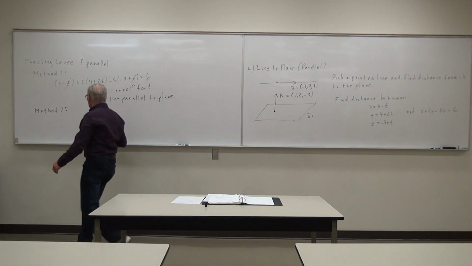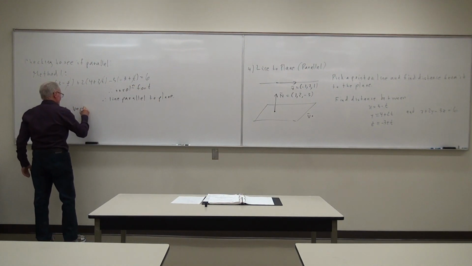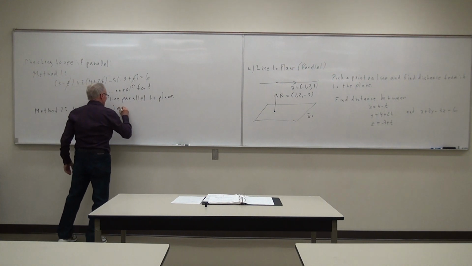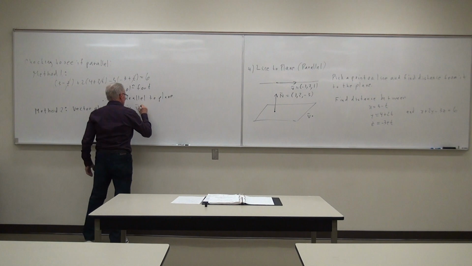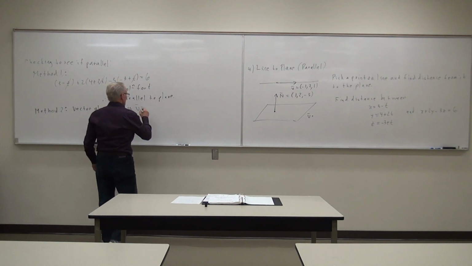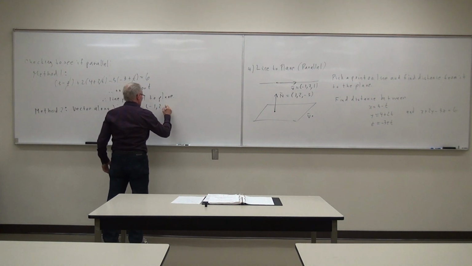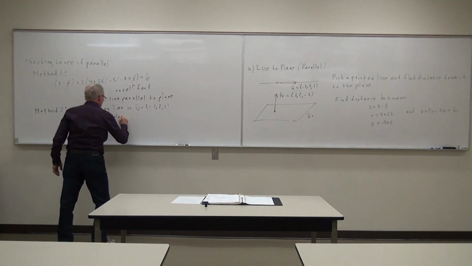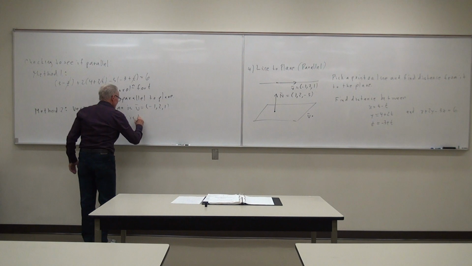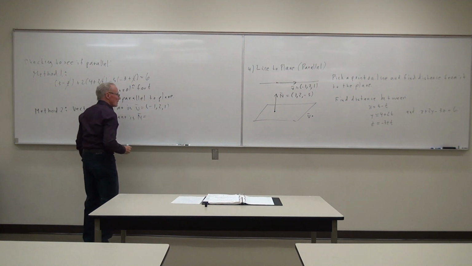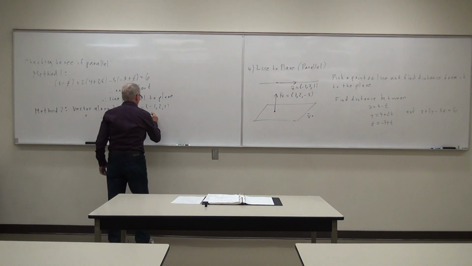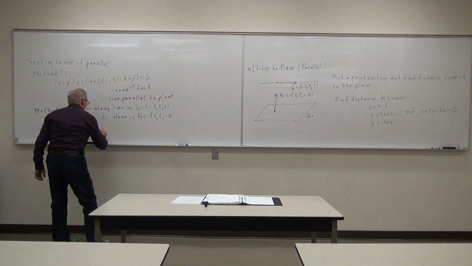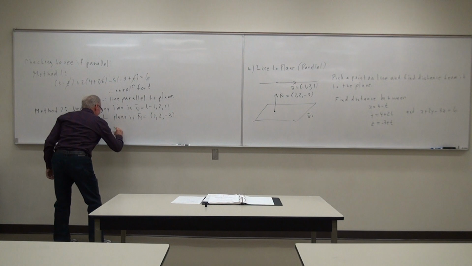So let's start this over here. The vector along the line is v equals -1, 2, 1. The vector perpendicular to the plane is n, which is 1, 2, -3. What is v dot n?